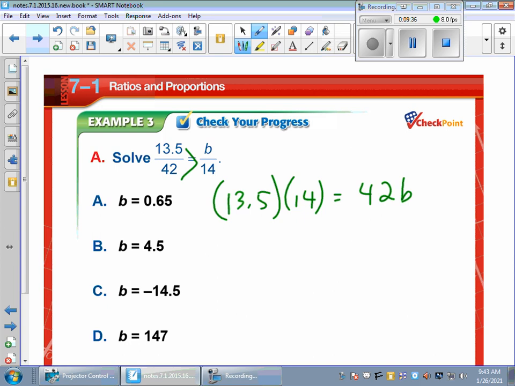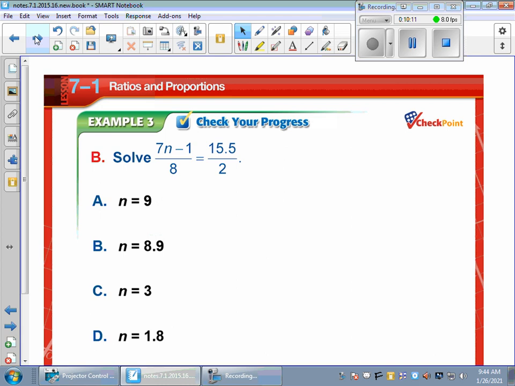So we need 13.5 times the 14, which gives me 189. 189 equals 42b. So we divide that by 42, and I got an answer of 4.5, which is B.